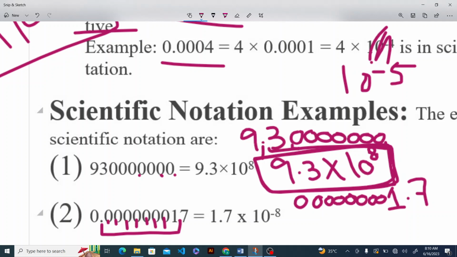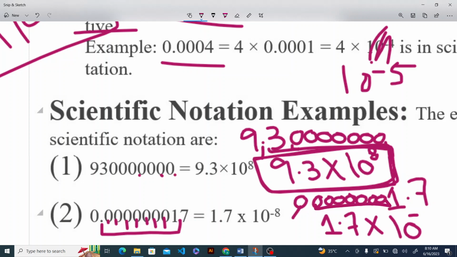This will be written as 1.7 multiplied by 10 raised to power minus what? Count these digits before the decimal point. This is 1 0 and then the 7 zeros and then this one, so 8.